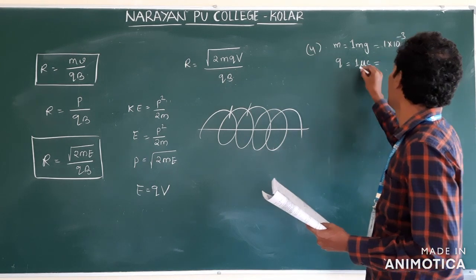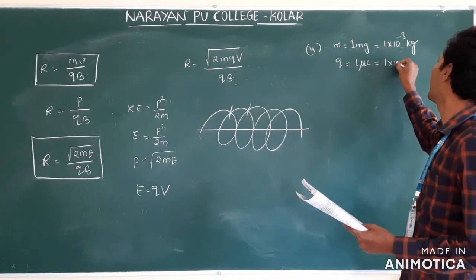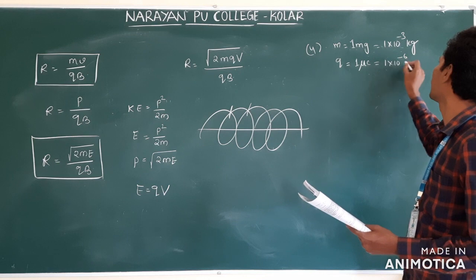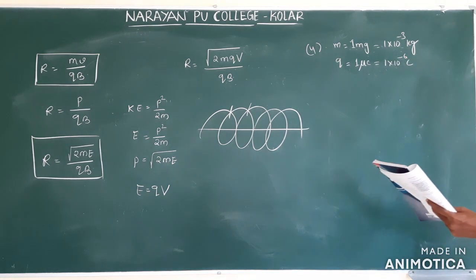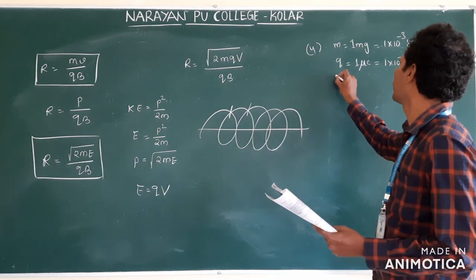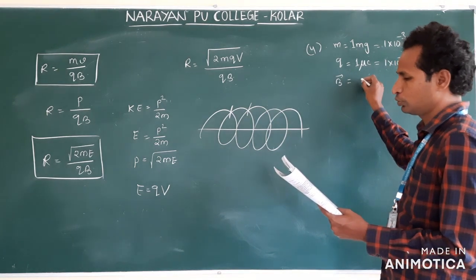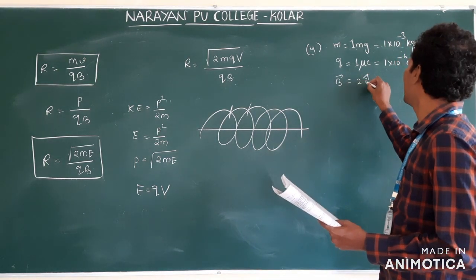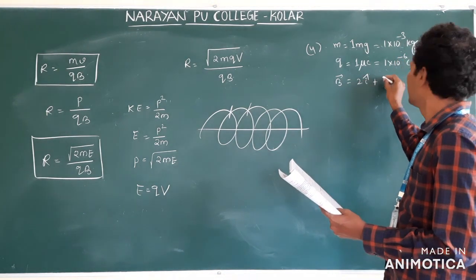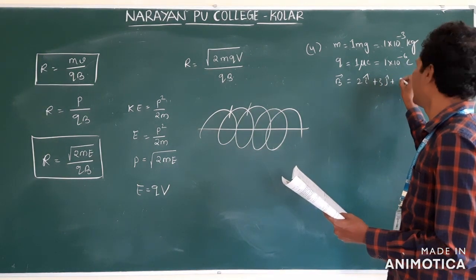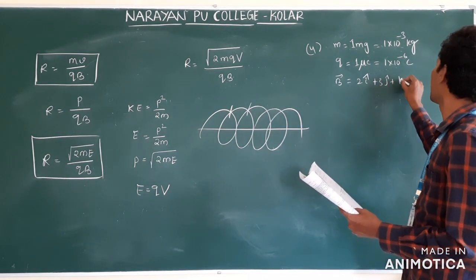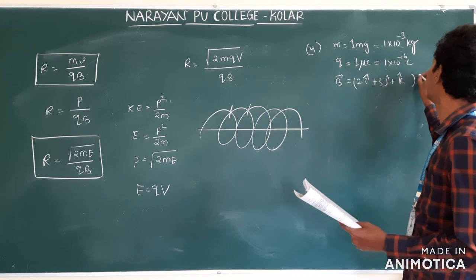1 microcoulomb means 1 into 10 power minus 6 coulomb. Next, the magnetic field vector given: 2 i cap plus 3 j cap plus k cap Tesla.